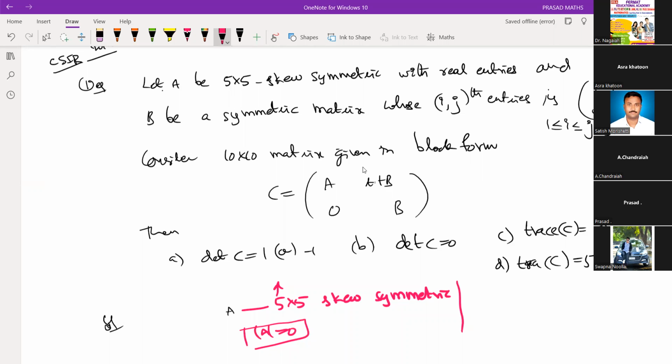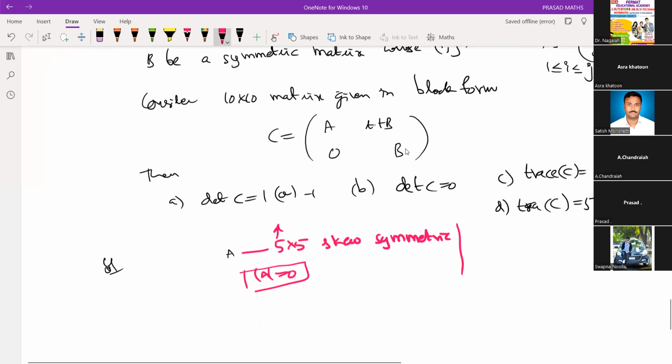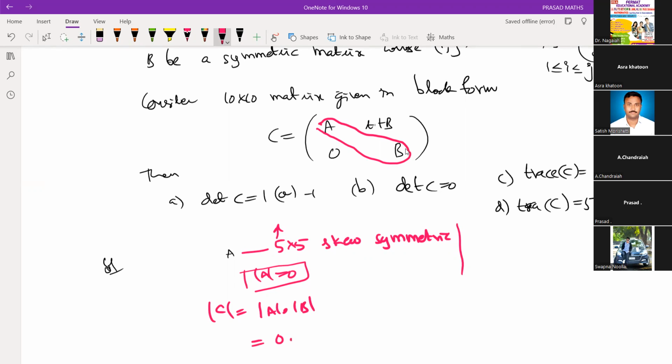So what is B actually? I don't know B, but what is det C? Block upper triangular matrix. So det of C is equals to det of A into det of B. But det A is 0. Det B is a real number, because B is given as a symmetric matrix.